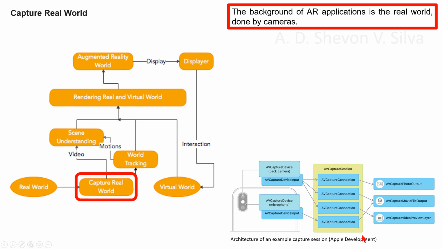Important, call the begin configuration method before changing a session's inputs or outputs, and call the commit configuration method after making changes.